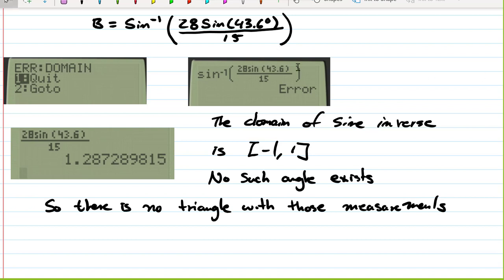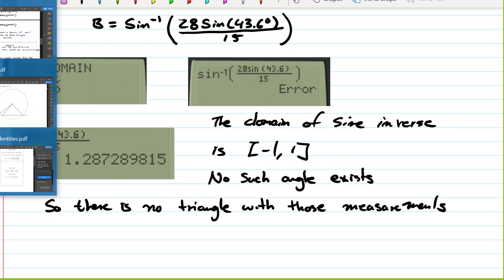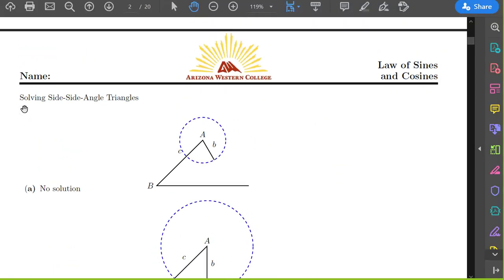So then in this case, we had no triangle. So this was that example when we looked on our sheet. This was A, right? We had this possibility where the sides just weren't of a good ratio of length.